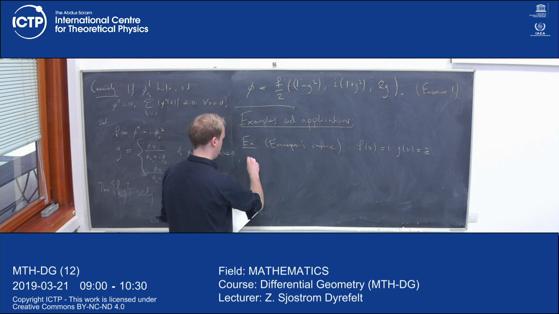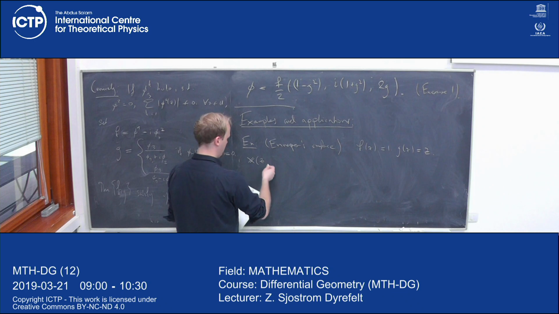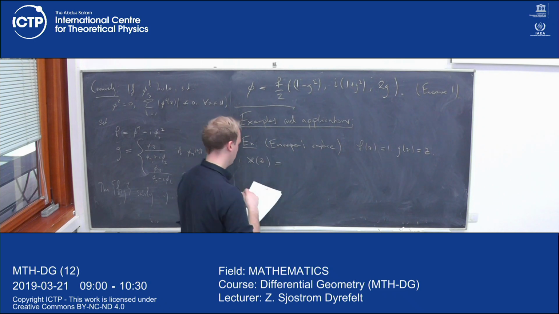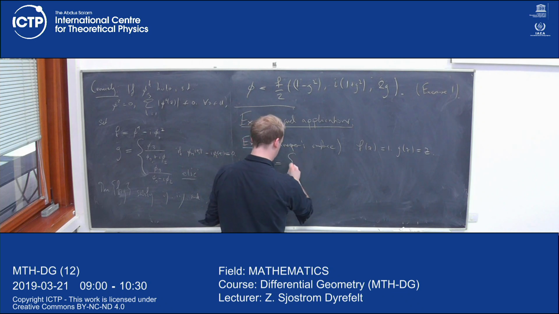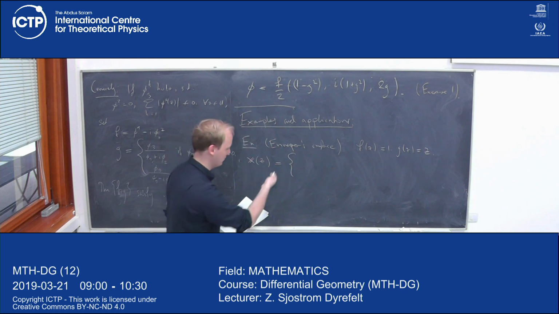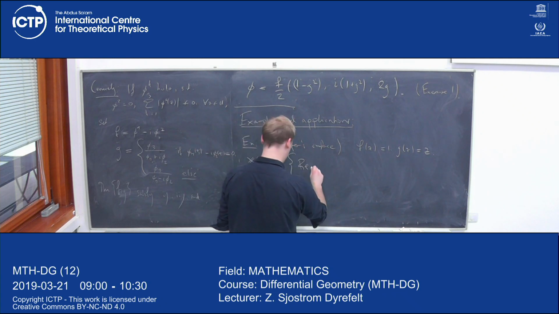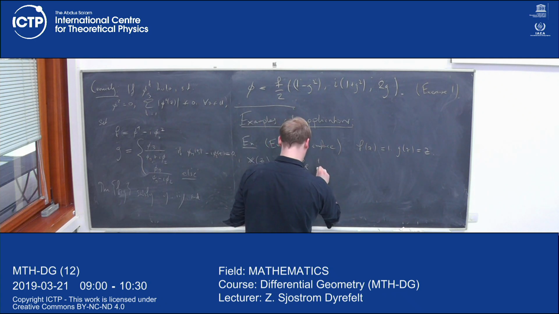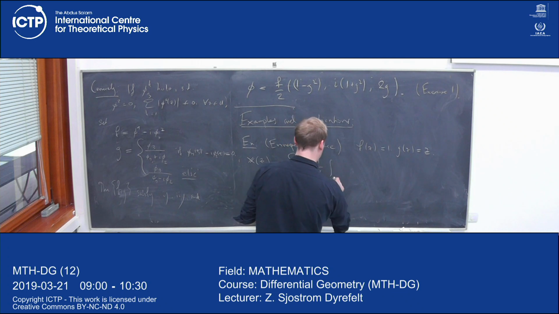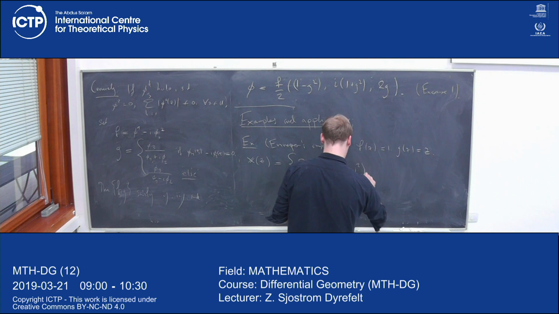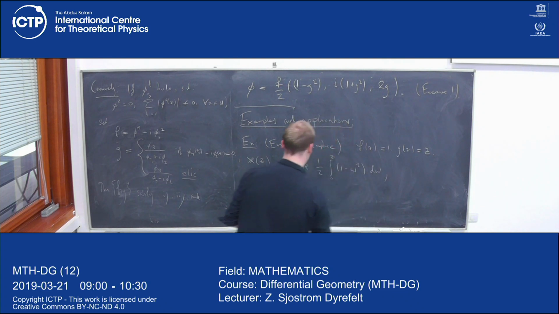Then you get x of z equal to the real part of 1/2 integral from 0 to z of 1 minus w squared dw.